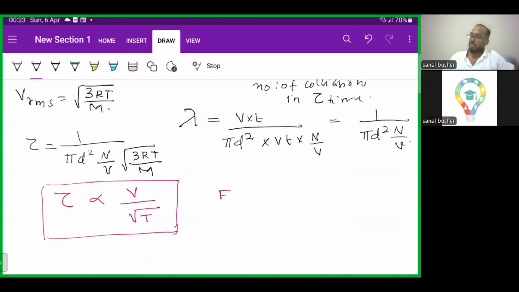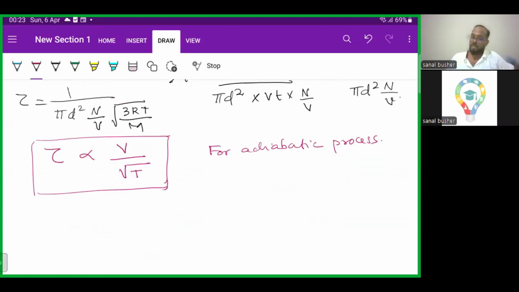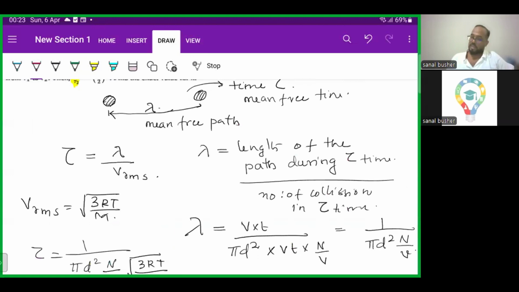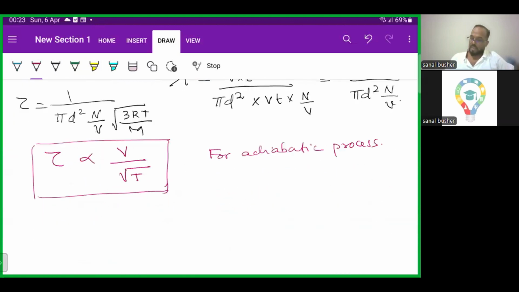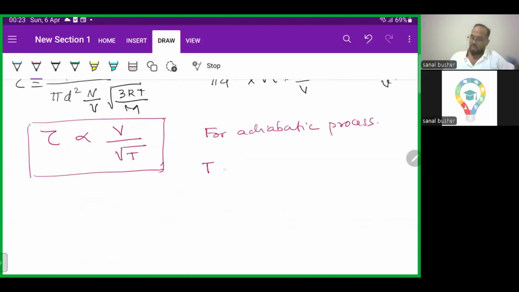For an adiabatic process, you need the relation between temperature and volume because both are changing here. So T V to the power gamma minus 1 is a constant. This is the relation you need to recall.